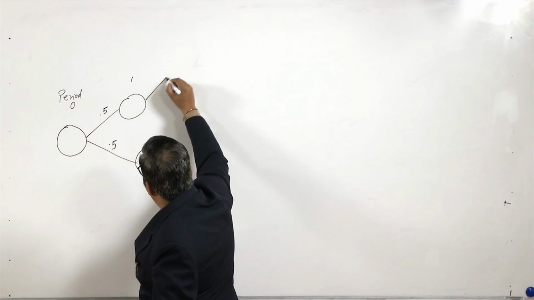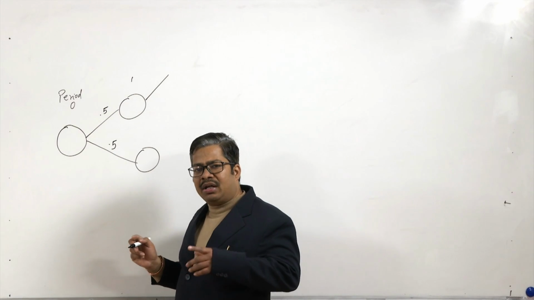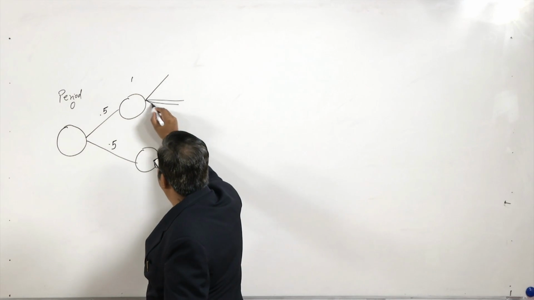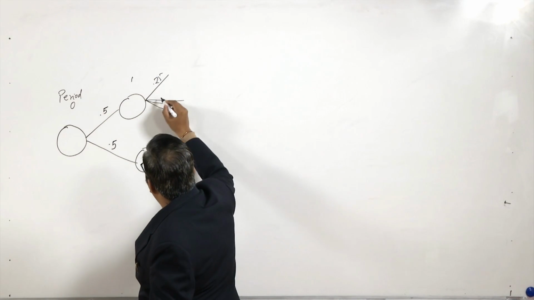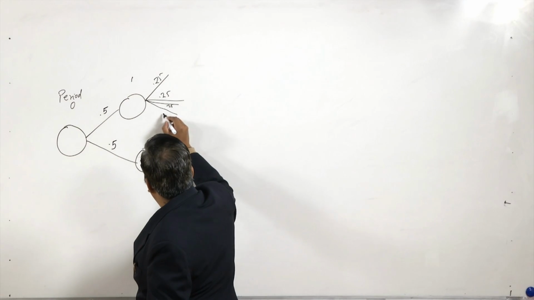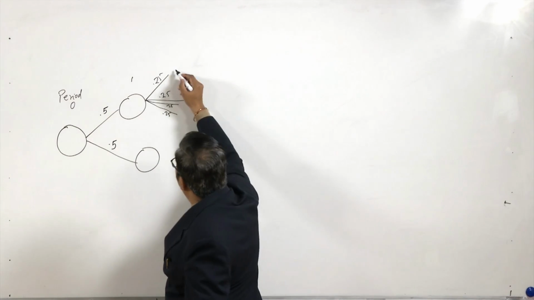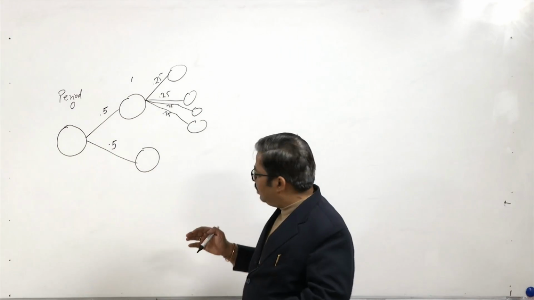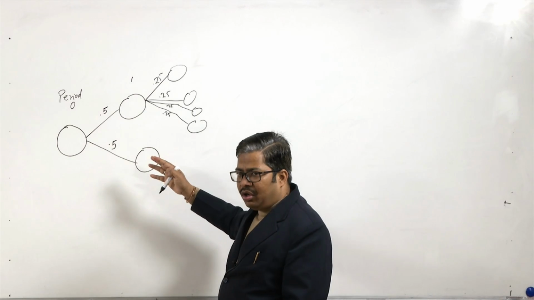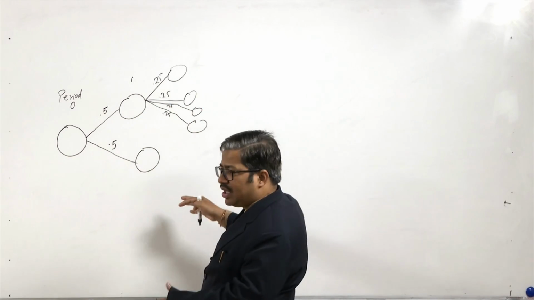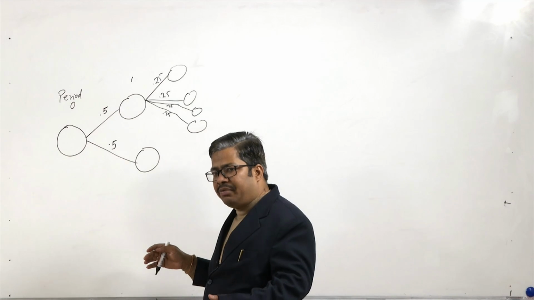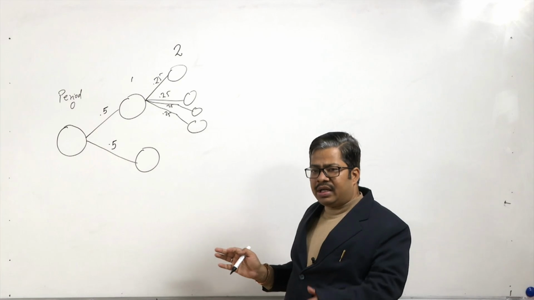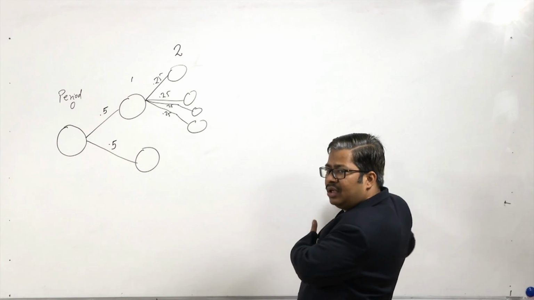From this state of time period 1, there are further two possibilities, or let us say 4 possibilities overall, each with a probability of 0.25, and these are the further states, and so on. With state number 2 of time period 1, you can have another 4 possibilities, each with a probability of 0.25. This is time period 2, and in the same manner we can develop this diagram.